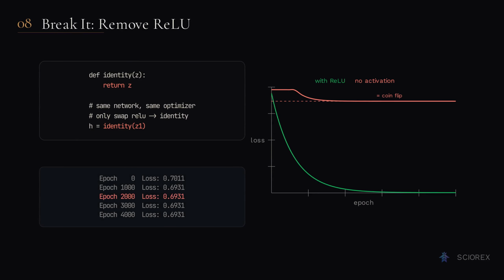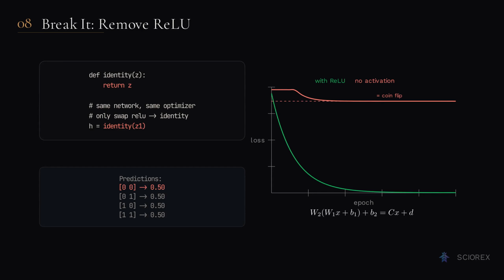The network can't do better than a coin flip. 2 linear layers with no activation are just 1 linear layer, and 1 linear layer can't solve XOR. We proved this in episode 2. The nonlinearity is not optional decoration. It's the structural reason neural networks can solve problems that linear models cannot. Without it, depth is an illusion.